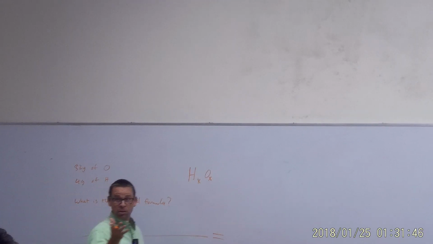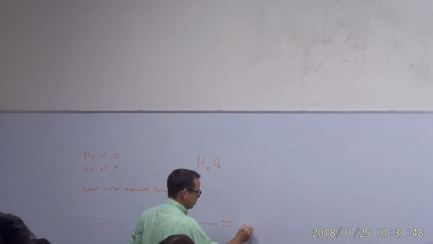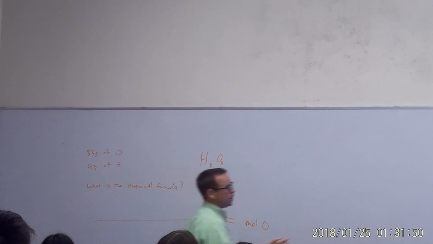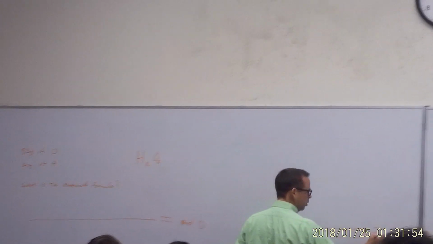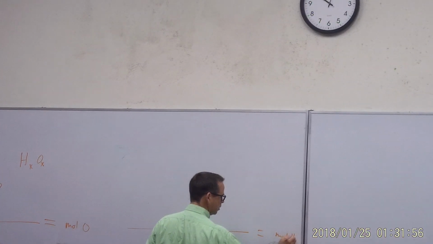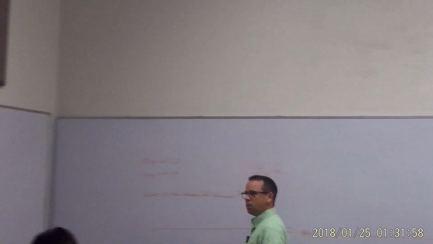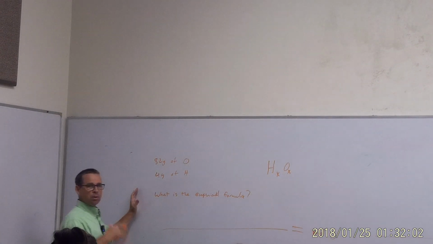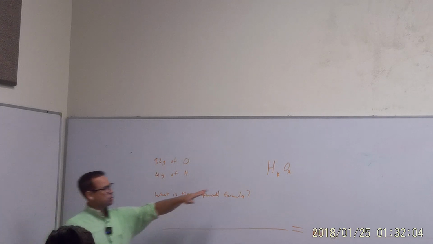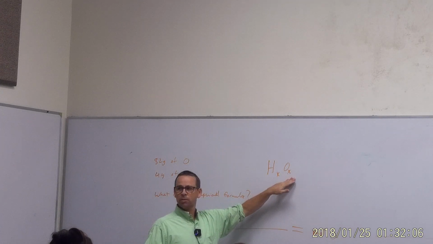Moles of oxygen, is that what I heard? Moles of oxygen, and then I'd want another one where I had what? Moles of hydrogen. Right? Because if I know the number of moles of oxygen and hydrogen relative to each other in this sample, I would be able to get close to this empirical formula. Right?